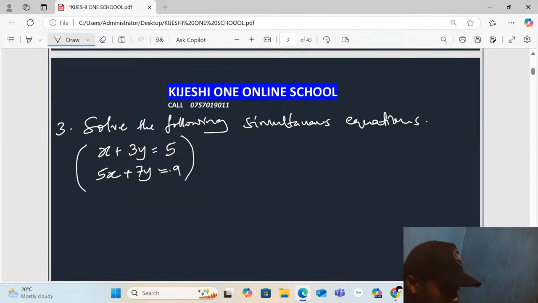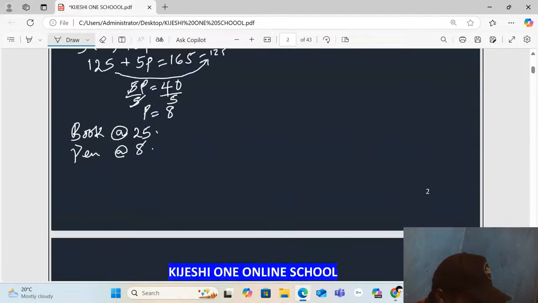Now the question is open. Use any of the approaches. As for me, you can use any. In the last example we used elimination.